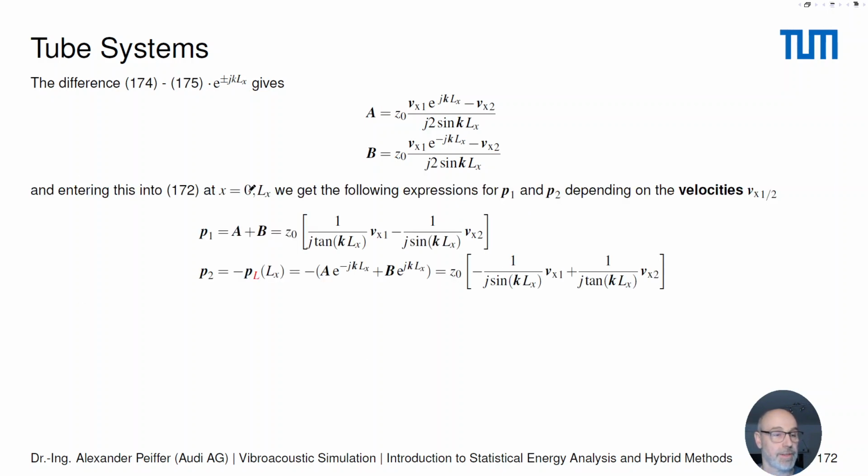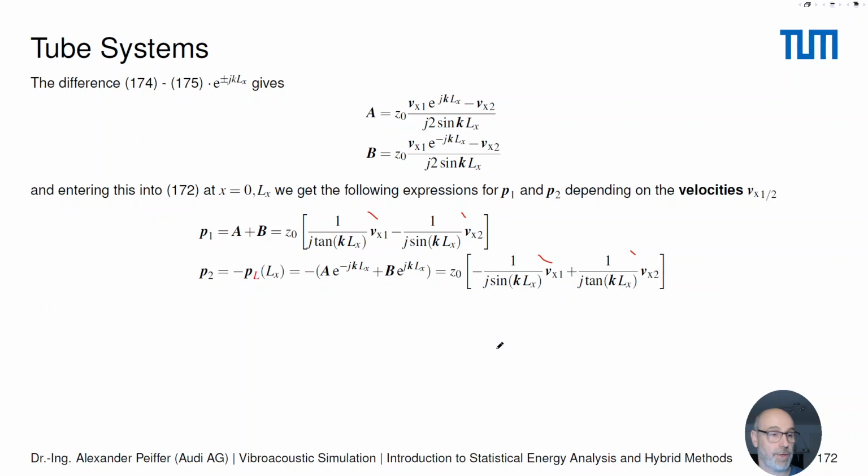And when we enter this into the pressure formulation, then we get this expression for pressure 1 at x equal to 0, and we get this for pressure 2, which is again the negative external pressure, and we would get this expression. So now we have here all the velocities.